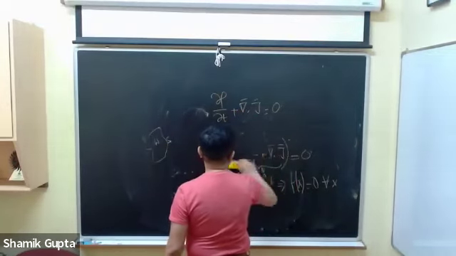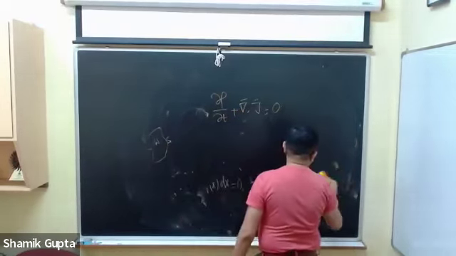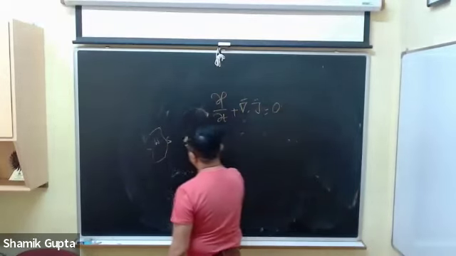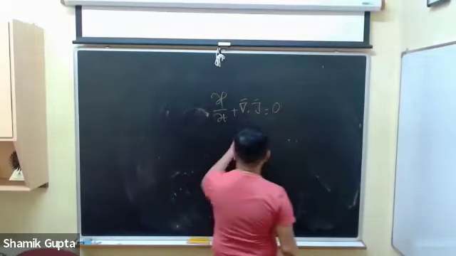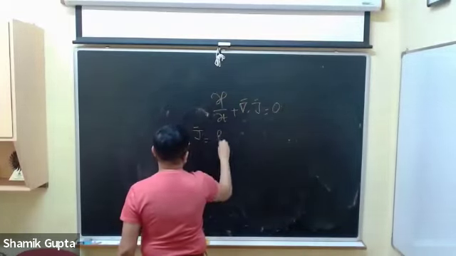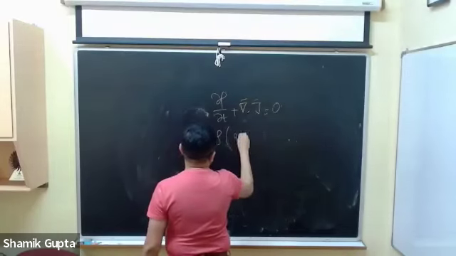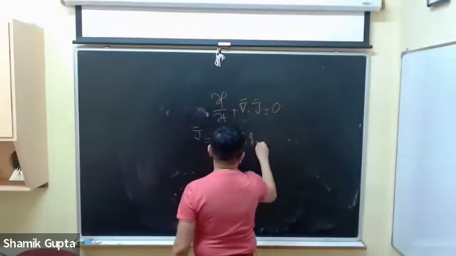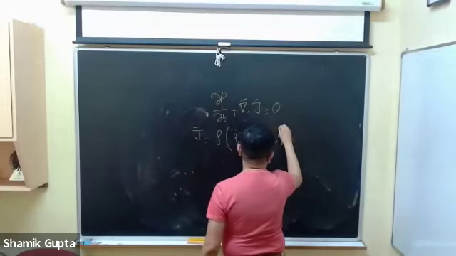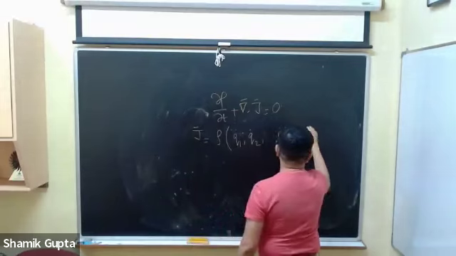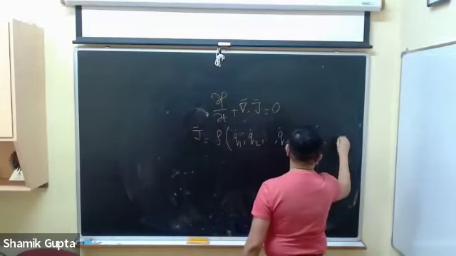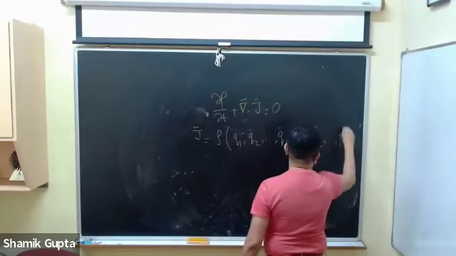So let's try to make this equation somewhat simpler by making use of the Hamilton equations of motion. Let's evaluate this quantity. J is equal to rho times Q1 dot, Q2 dot, up to Q3n dot, P1 dot, P2 dot, up to P3n dot.